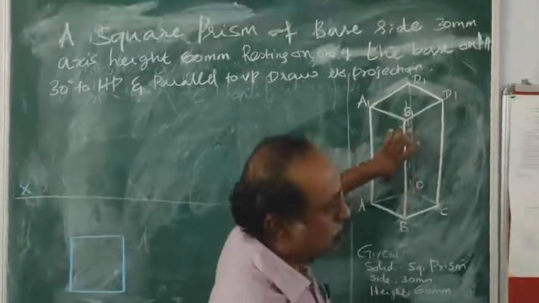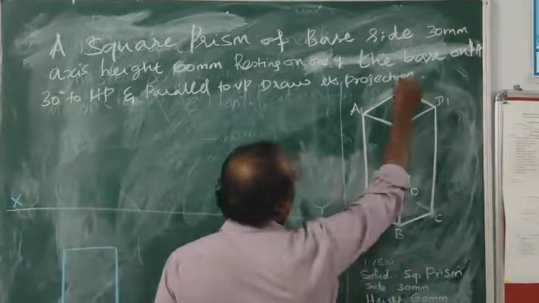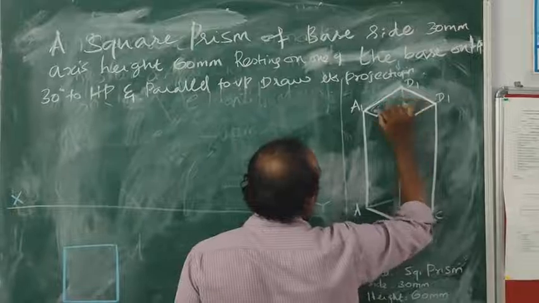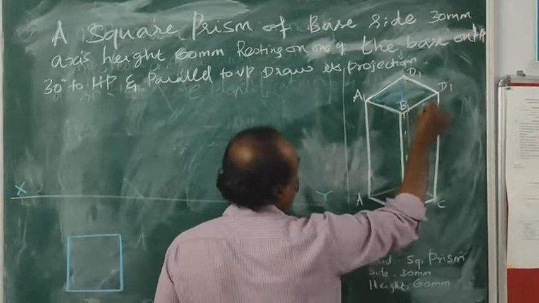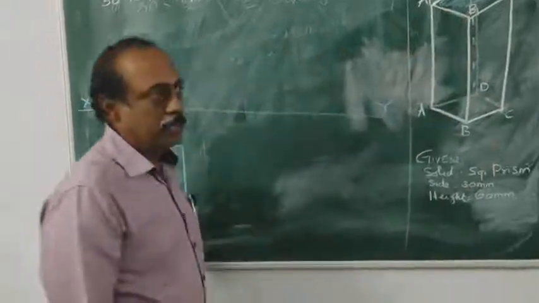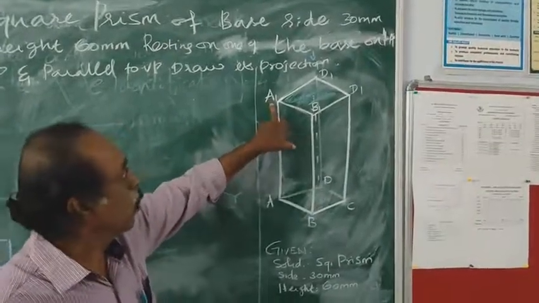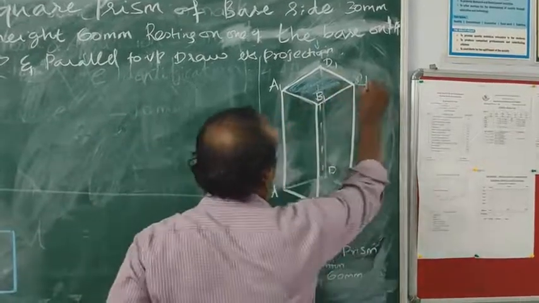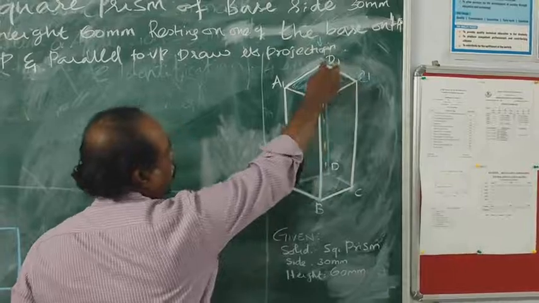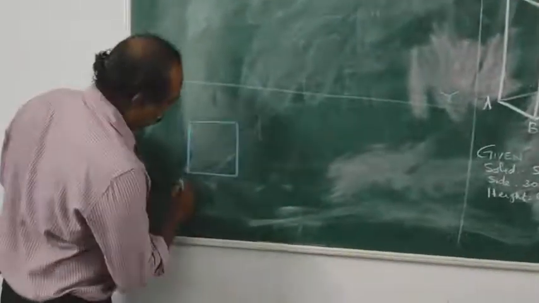Assume that this is a square prism. Seen from the top, a1, b1, c1, d1 are visible edges. The edges a1b1, b1c1, c1d1 and d1a1 are visible. So we start from here.